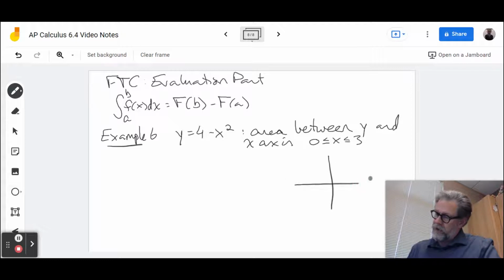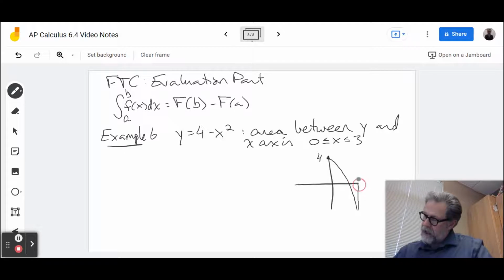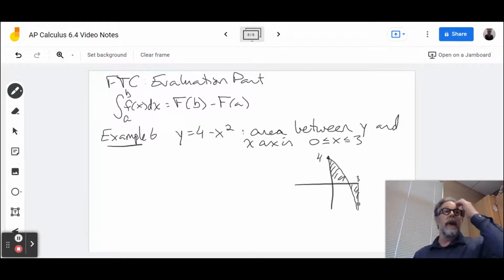So quick sketch of this: 4 minus x squared, vertical shift of 4, parabola going downwards. And what we see is that here is the area that we're interested in. Notice that we have a portion above and a portion below the x-axis.